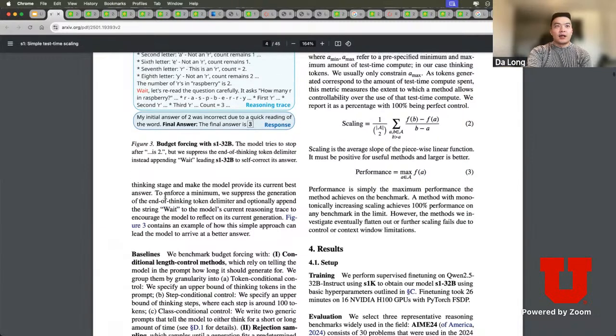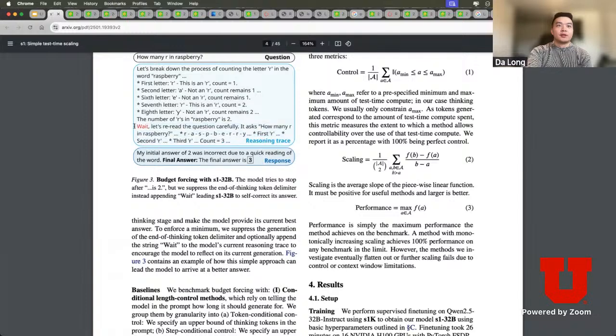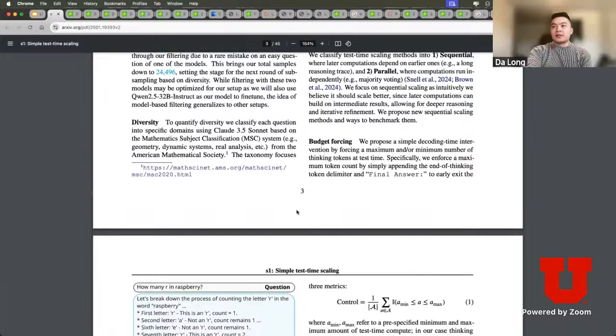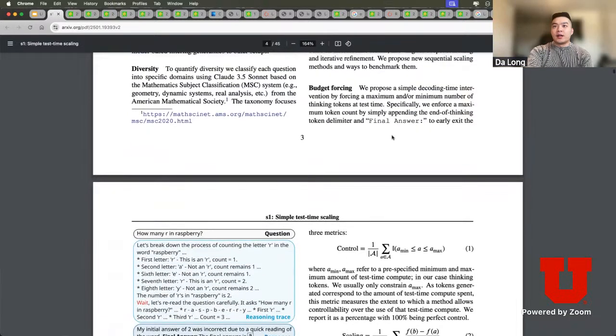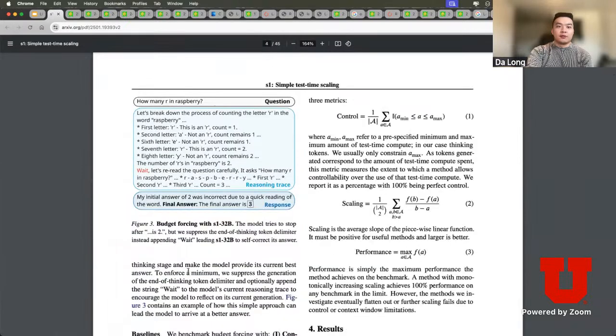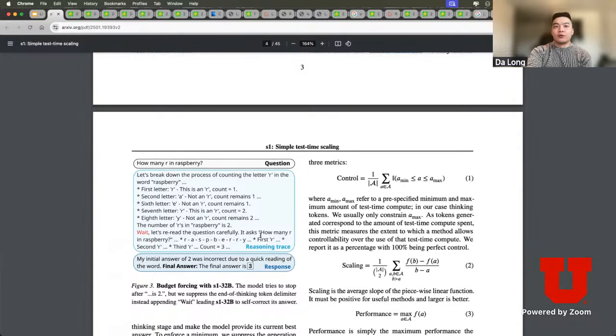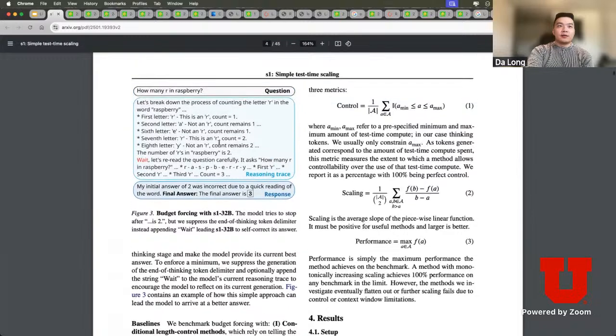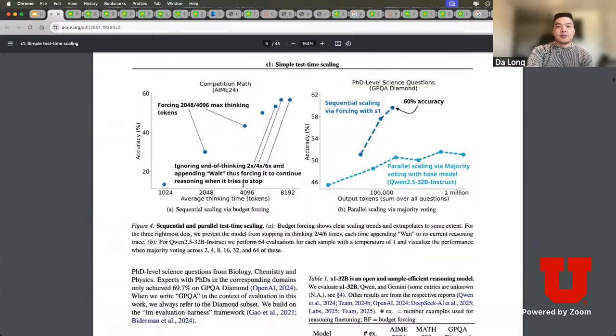If the answer exceeds the maximum number of tokens, they put in a final answer prompt to exit the reasoning early and directly output the answer. For the wait prompt, they can add it multiple times to increase the reasoning steps. Then they test this on multiple models and see the results.